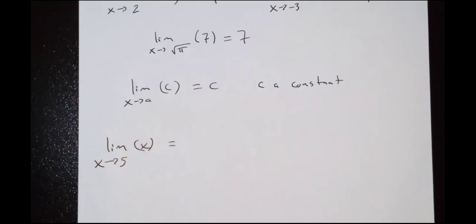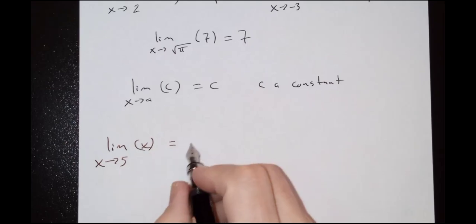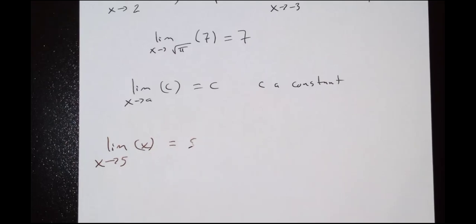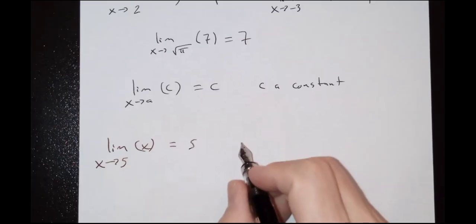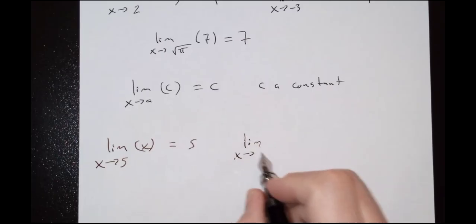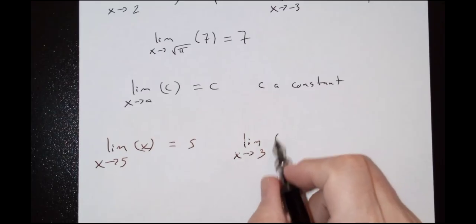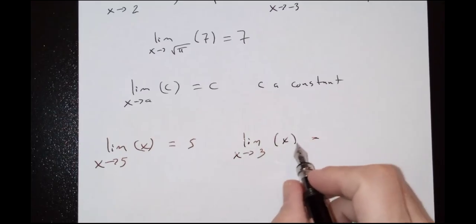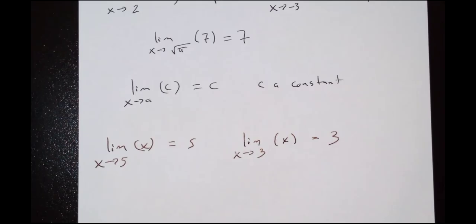Now I ask you the question, what's happening to x? Didn't I just tell you that it's getting closer? It's perfect. We know exactly what it's doing. If I tell you that x is getting closer to 5, then the output x is getting closer to 5. If I tell you that x is getting closer to 3, then you have to tell me, well, what's happening to x? Well, x is getting closer to 3.